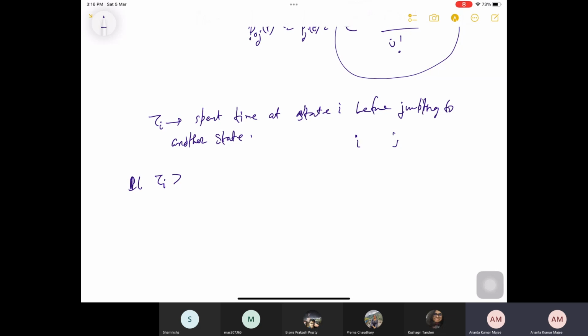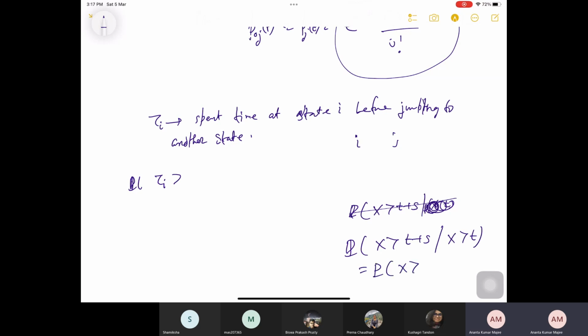So if the probability of x greater than t plus s, given x greater than t, is the same as the probability of x greater than s, then it is basically called the memoryless property.